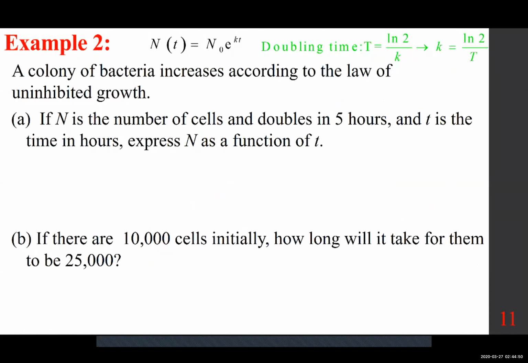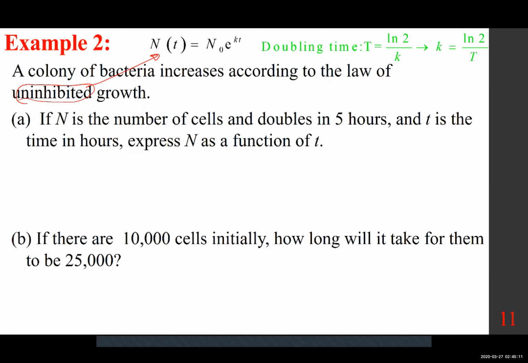Now in this case, a colony of bacteria increases according to the law of uninhibited growth. That means using this formula, A equals P e to the power of rt, however you want to put that, it's not a big deal.